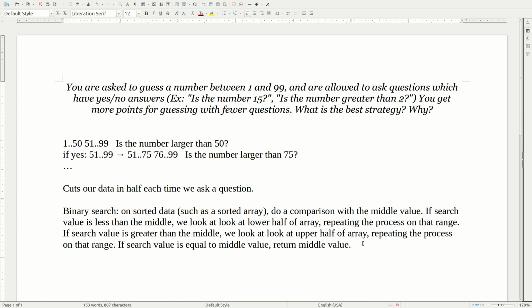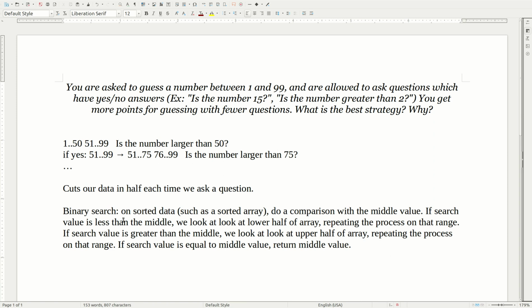So the reason it's called binary search is because we ask these yes or no questions that cut the data in half each time. We've seen examples before where we cut the remaining things in half each time, like our finding the fake coin example when we were first looking at recursion, and we were able to eliminate half the coins and half the coins again and half the coins again.